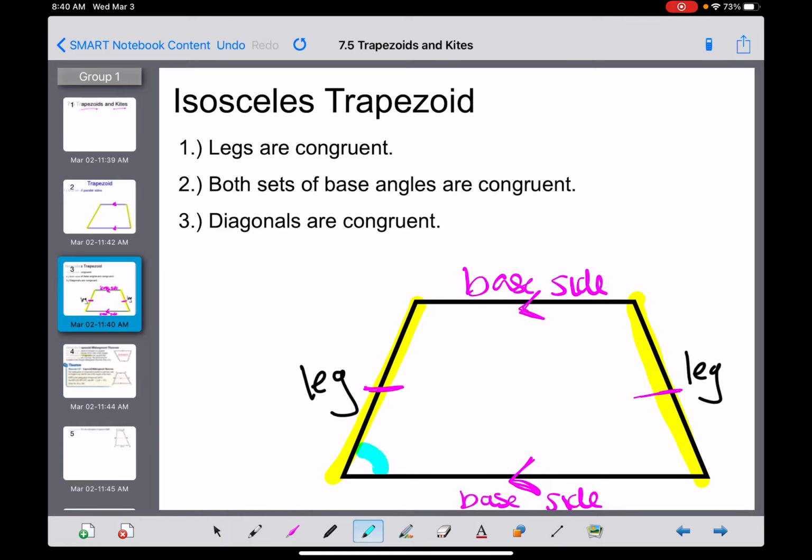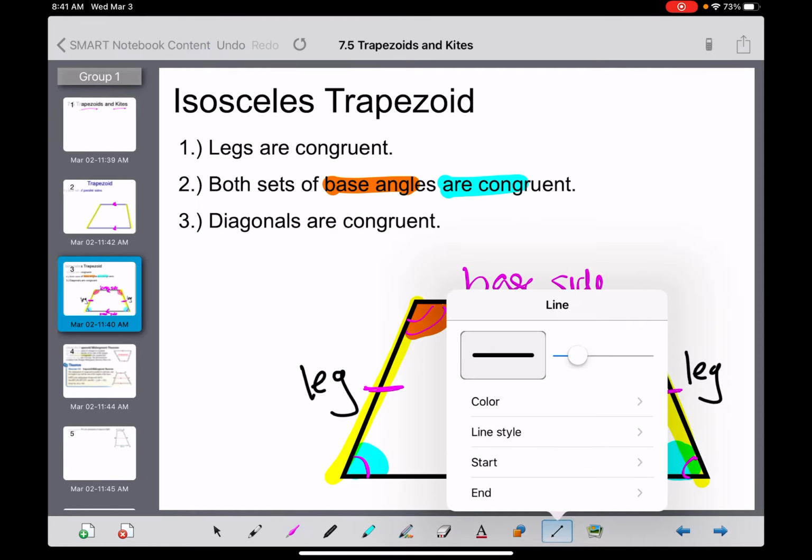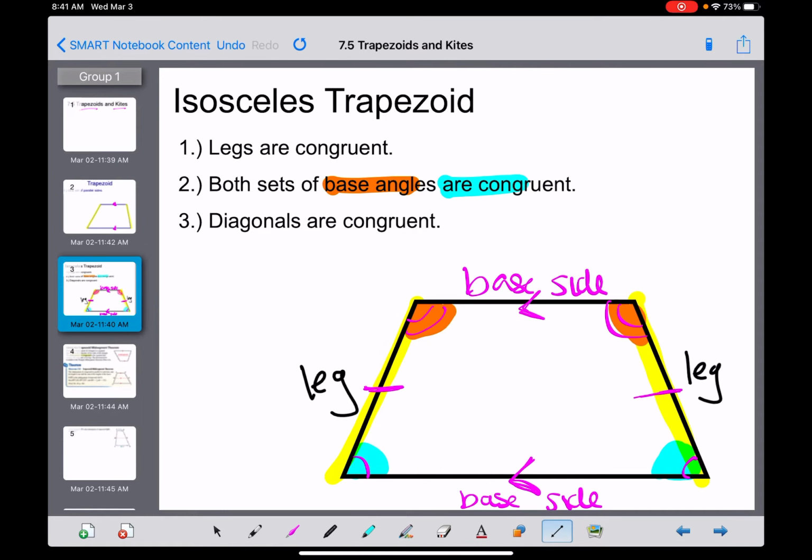So here is one set of base angles, and then here is our second set of base angles. So our base angles are the blue and the orange, and base angles are congruent to one another. Our last characteristic is that the diagonals are also congruent.